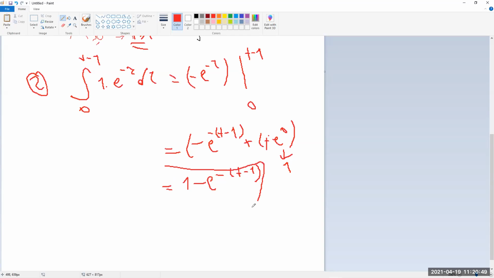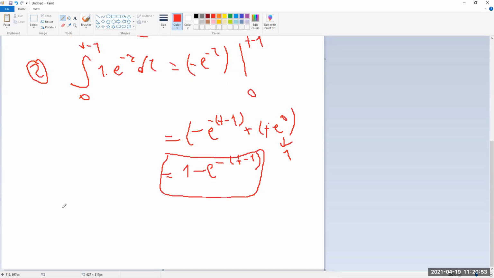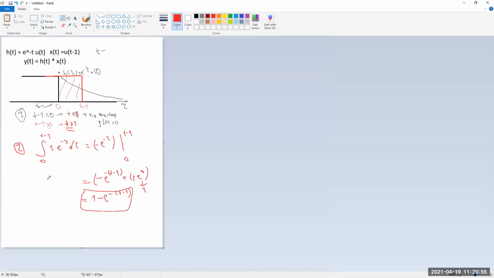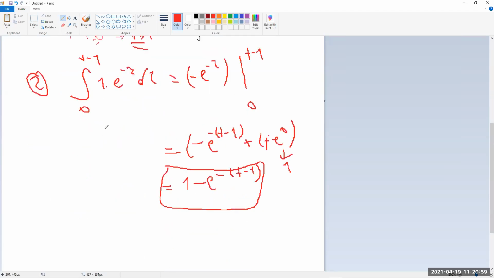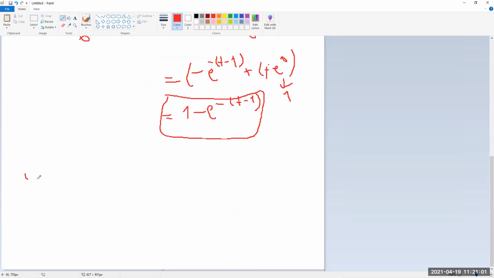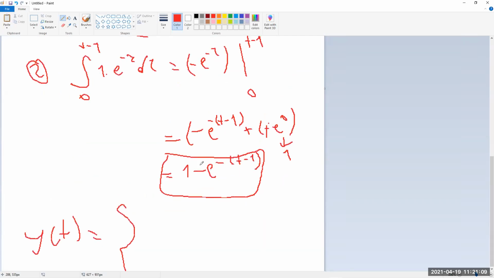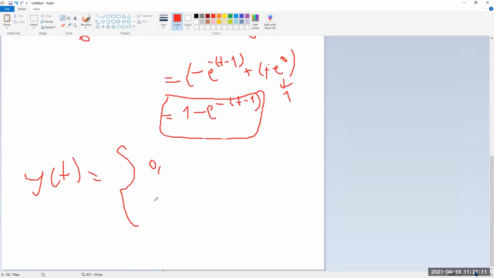We found it, and we can conclude today. As you can see, we got 2 regions for y(t). It's 0 when t is less than 1.